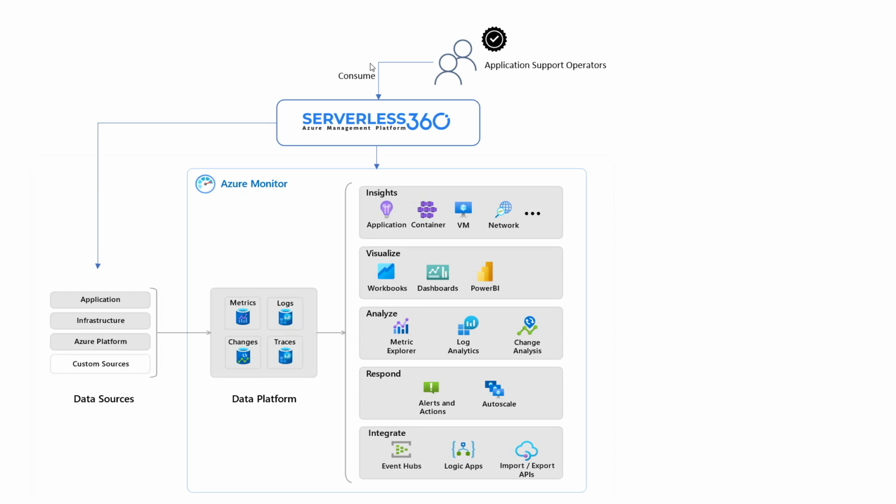So when we install, configure, and set up Serverless 360, we're creating an application support view of what the Azure estate looks like. So, you might have 10 different business apps, but they may share bits of certain Azure resources, or they may have their own dedicated resources.